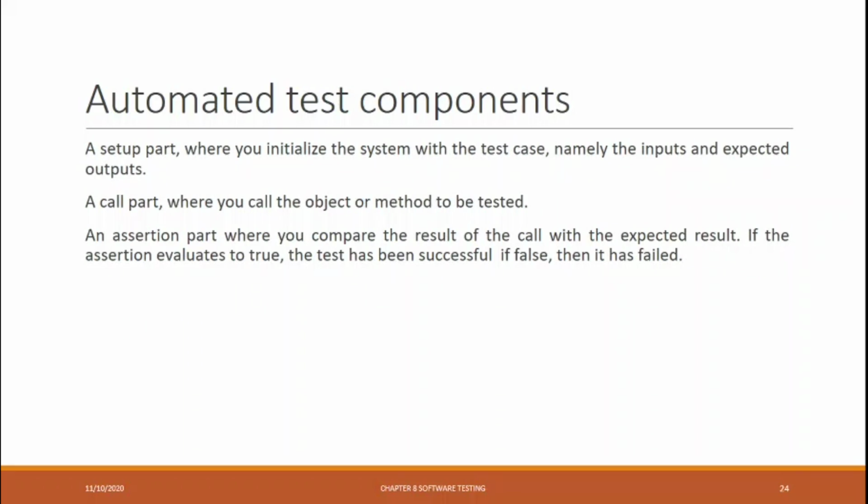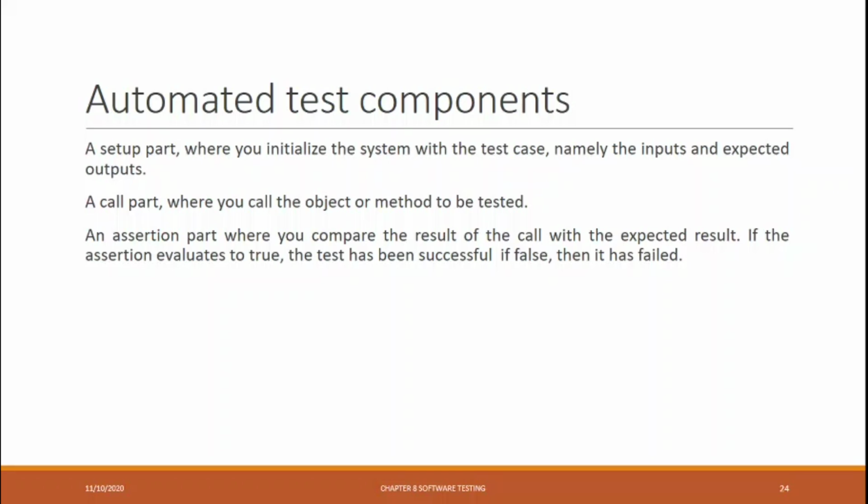Automated test components: a setup part, where you initialize the system with the test case, namely the input and expected output. A call part, where you call the object or method to be tested. An assertion part, where you compare the result of the call with the expected result, and if it evaluates to true, the test has been successful. If false, then it has failed.